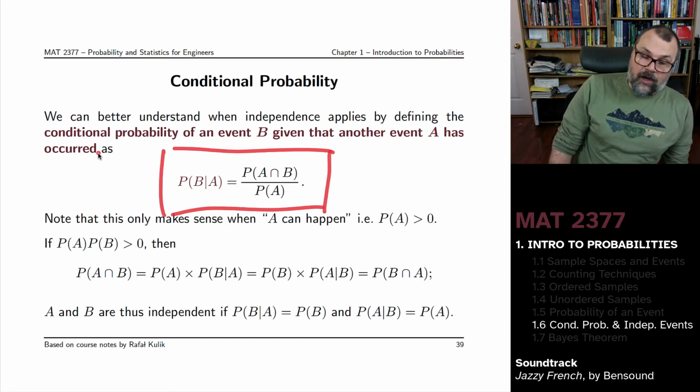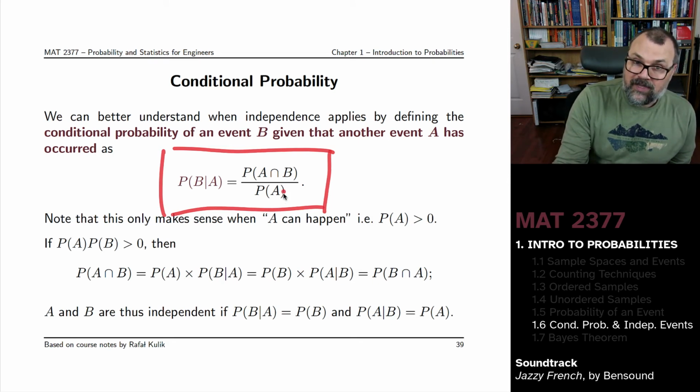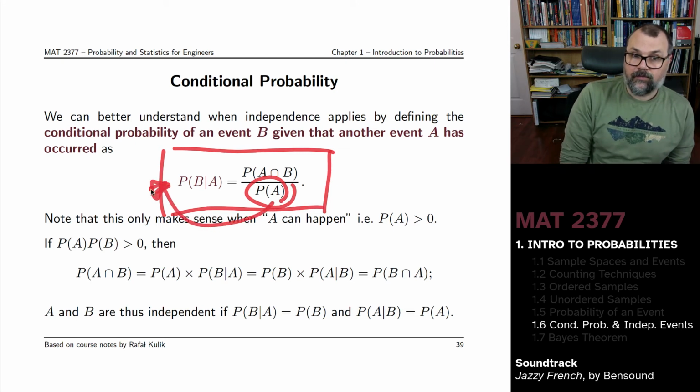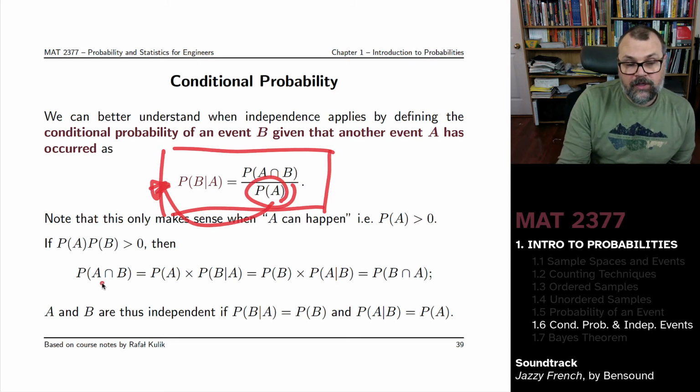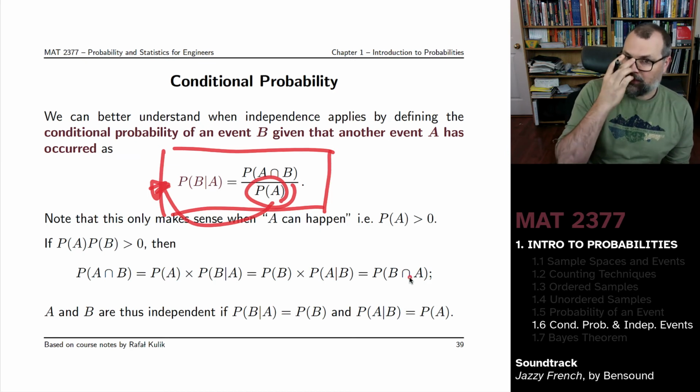Now if you look at the product of the probabilities for A and for B, let's assume it's not 0, so that both A and B can occur independently here. The probability of their intersection in this case, you can obtain it by taking the denominator here, P of A, and bringing it to the side. But you can also view P of A intersection B as P of B intersection A. The order doesn't matter here.